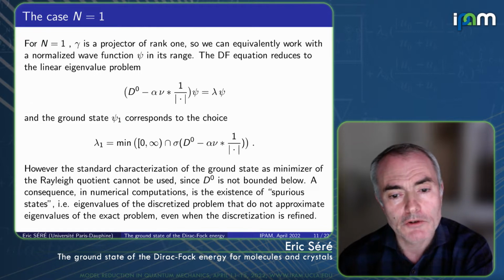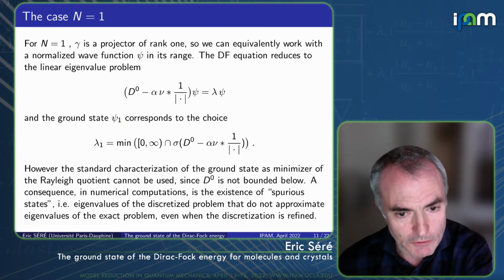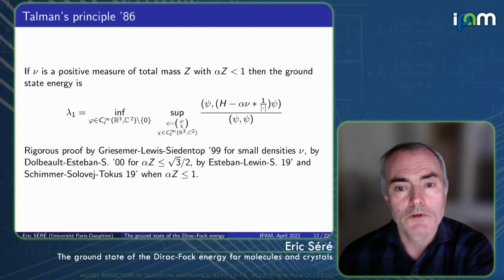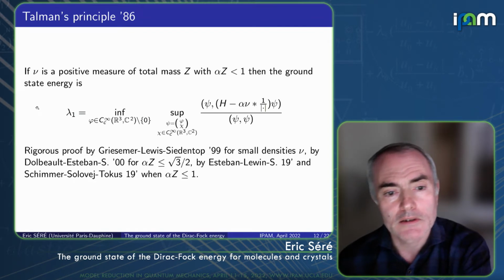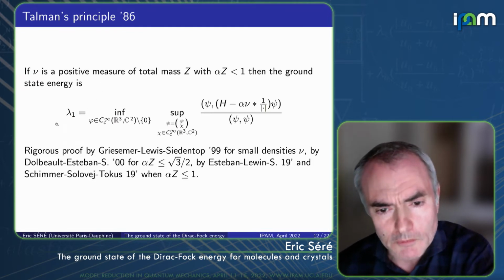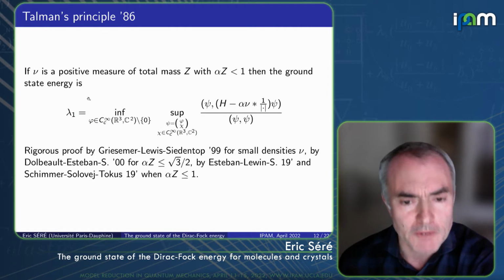Let me just mention a min-max characterization of lambda 1, which was introduced by Talman and Datta and Devaiah in the 80s. The goal precisely was to solve this problem of spectral pollution.